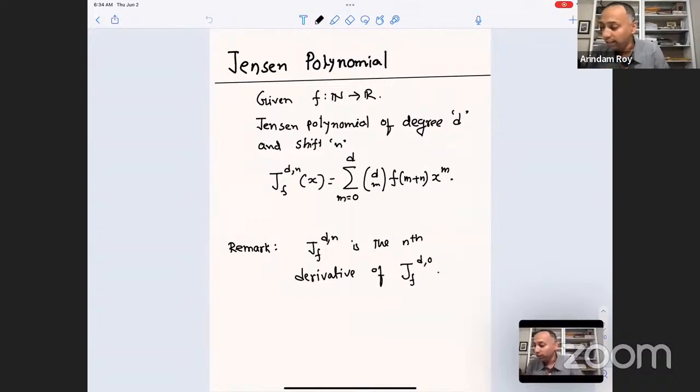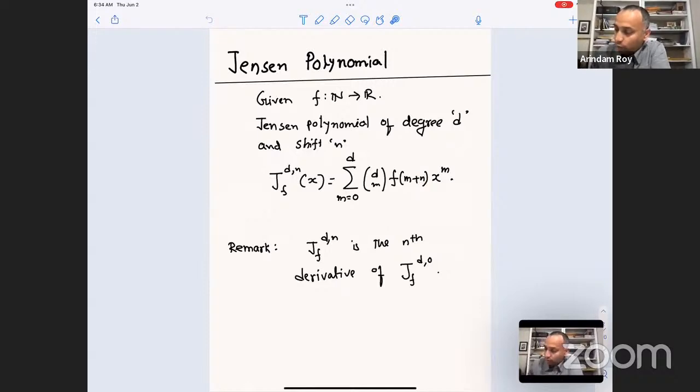Before I go to the details on the partition side, let me talk a little bit about the Ensign polynomial. Recently, some of you may have followed an interesting paper by Ono, Zagier, Griffin, and Larry Rolen. If you take any real valued arithmetic function, or we can think of a sequence f, then the Ensign polynomial of degree d and shift n is defined by the sum over m from 0 to d of d choose m, f of m plus n, x to the power m.